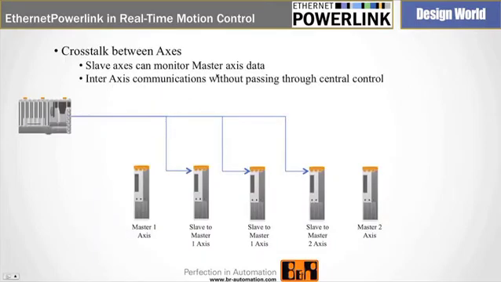One of the things that is an advantage of PowerLink is, as you see here, we have a function called Crosstalk, which when the nodes are replying, other nodes can listen to the replied data.